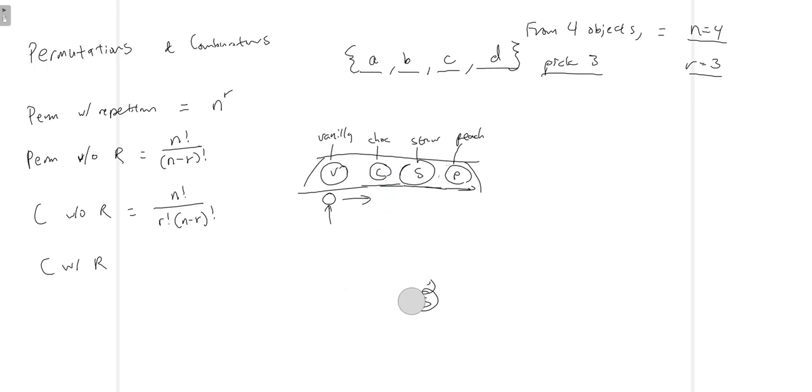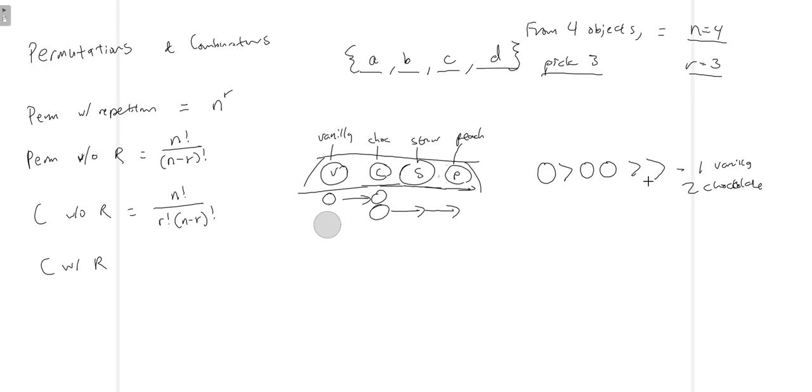Let's say I want 1 vanilla and 2 chocolate. I start here, take a scoop, then take 2 scoops here, and then I move over. I turn this into a sequence. It looks like this. This is the same thing as the combination of 1 vanilla and 2 chocolate. There's no other sequence that'll give me 2 chocolate because I can't move backwards.